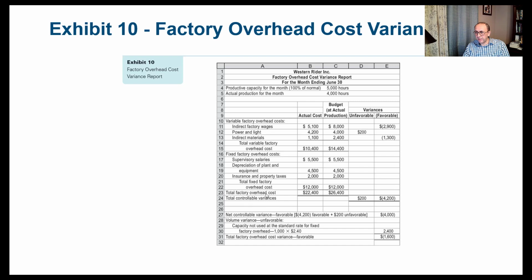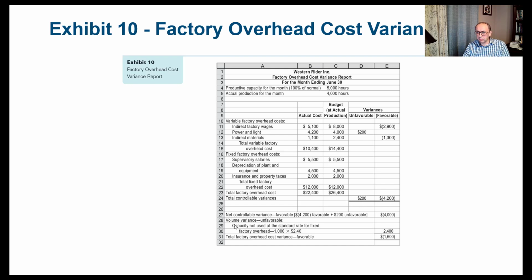So the total factory overhead cost here is $22,400 for the actual cost, but for the budget it's $26,400. So for the total controllable variances, we have 200 unfavorable and 4,200 favorable. So the net controllable variance turned out to be favorable at $4,000, which is the net of these two values.